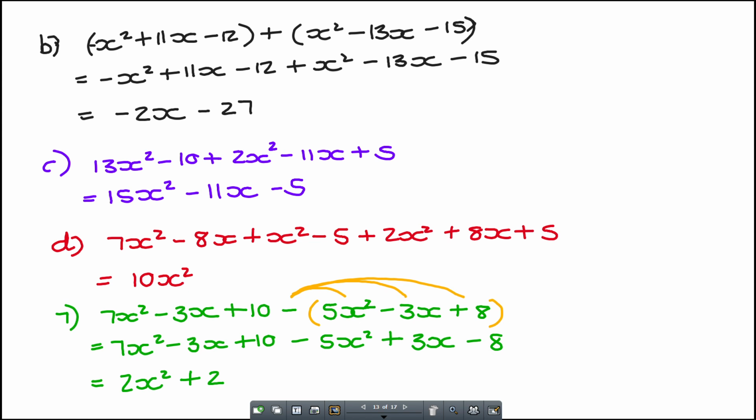Okay, now we've got to look for like terms. So 7x squared minus 5x squared gave me the 2x squared. And then minus 3x plus 3x, no x. Then 10 minus 8 gave me that 2. Any questions? Right, can I skip?